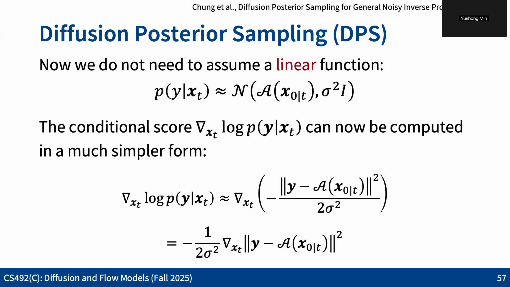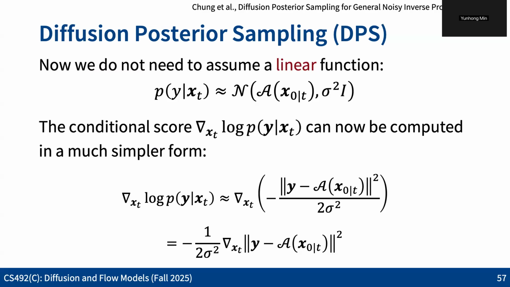Then the conditional score for this distribution can be directly computed in this way. This was actually the answer for the first problem in the first test.